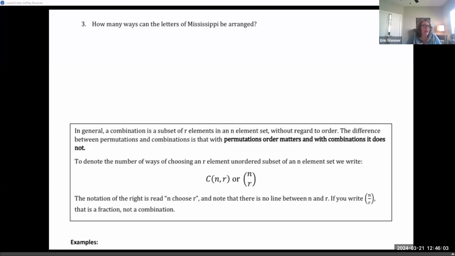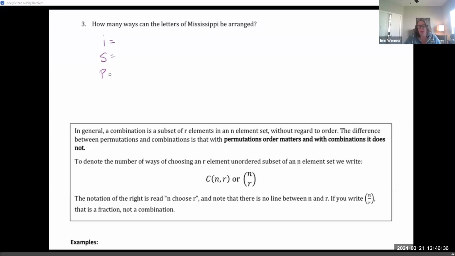So if you are trying to arrange something and there's repeats of it, you need to remove those double counts, those repeated values. So we want to look at what is repeated, right? We need to know the number of I's, the number of S's, and the number of P's. Because in Mississippi, we are repeating I, we are repeating S, and we are repeating P, right?